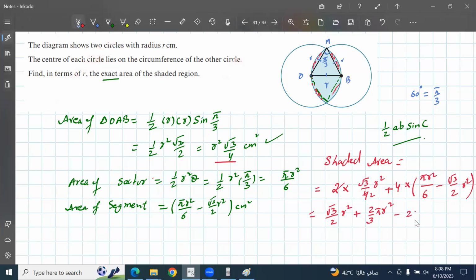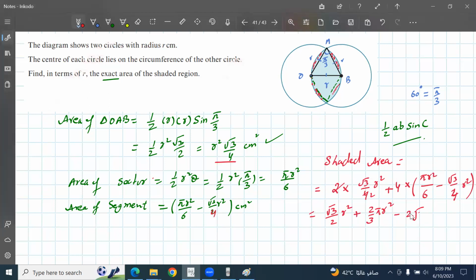And next step, if you multiply 4 inside, 2 can cancel 4. Here I missed, this must be 4, because this is the area of sector. So it is 4. Why did I write 2 here? It is 4, okay?